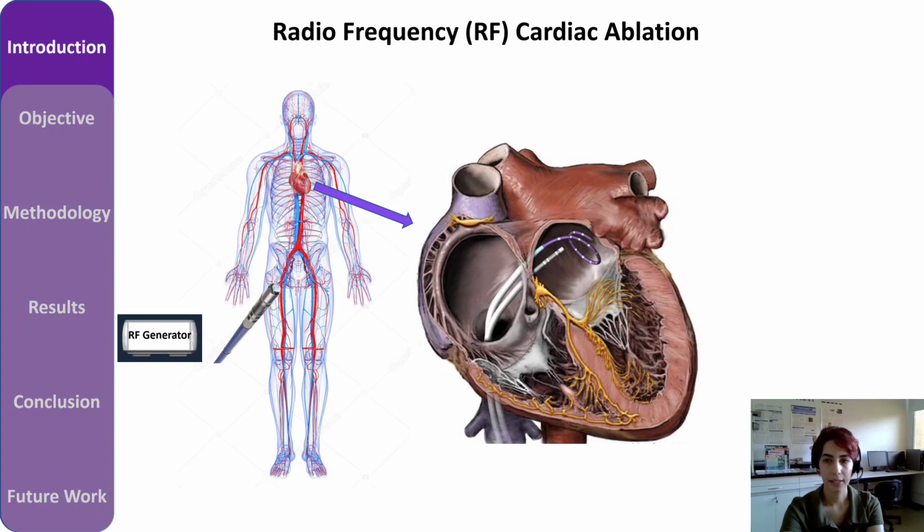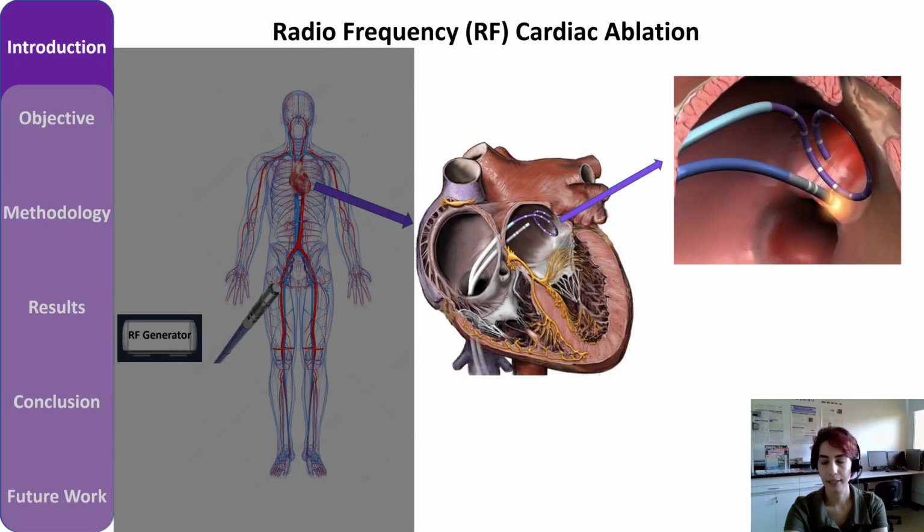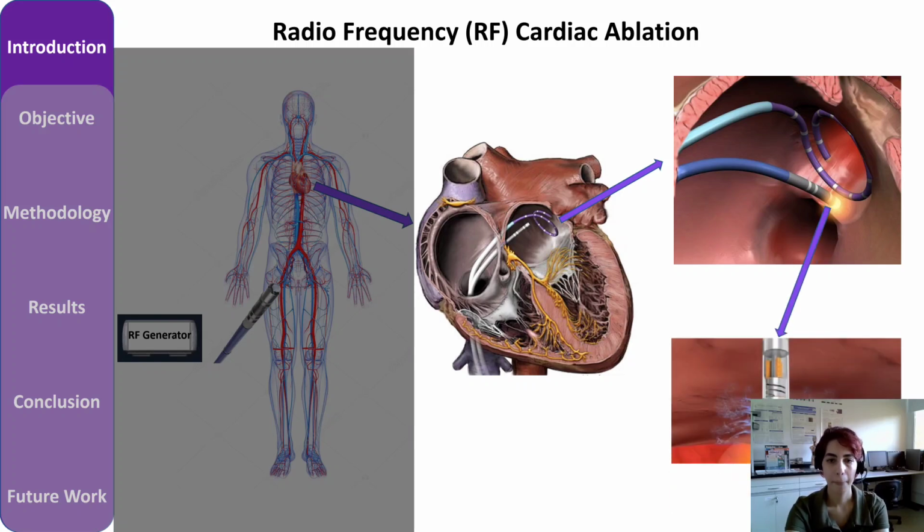This is one specific type of diagnostic catheter, called a circular catheter, and this is the RF ablation catheter, which is located in the left atrium in this case. Here we can see a closer view, and here as well we can see when the ablation catheter starts to ablate the specific region that creates the abnormal electrical activity in the heart.